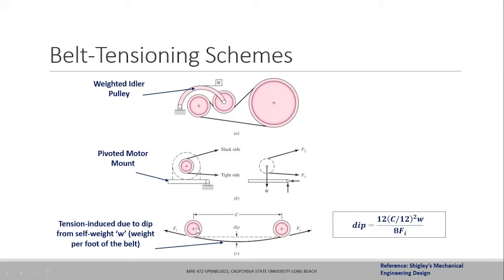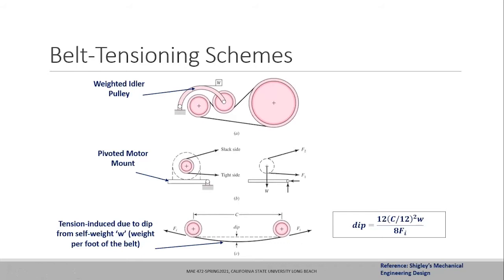Again, what you are seeing here is that if the belt has a tendency to loosen, then the weight of the system provides the mechanism for autonomous or automatic adjustment of the initial tension.